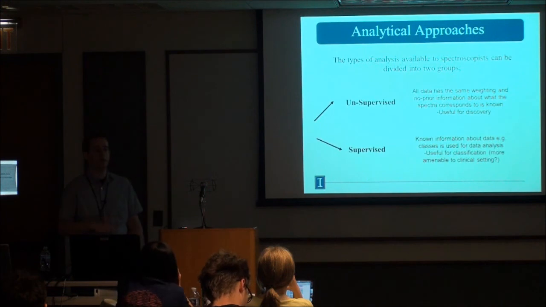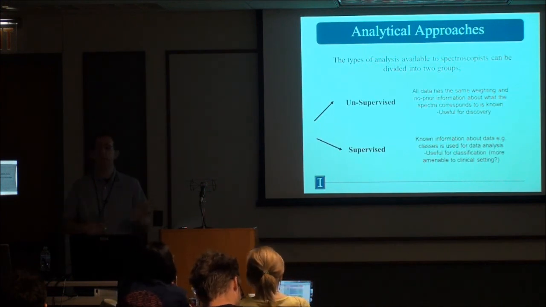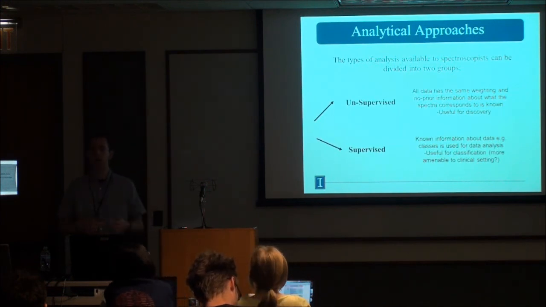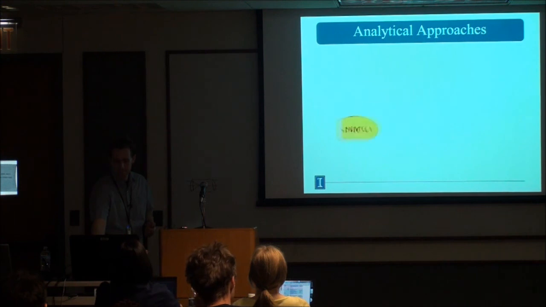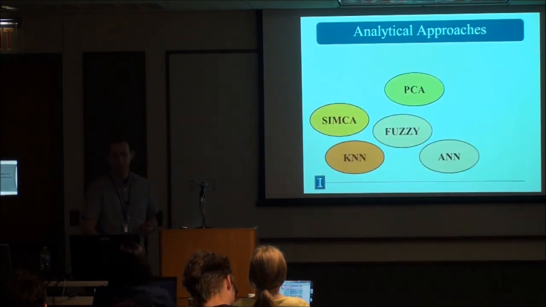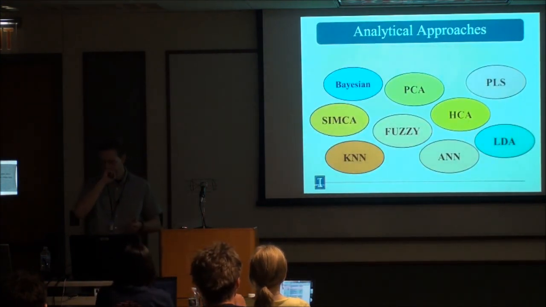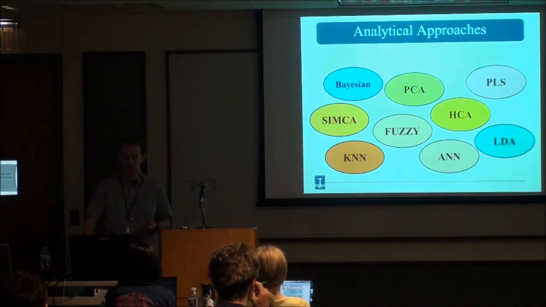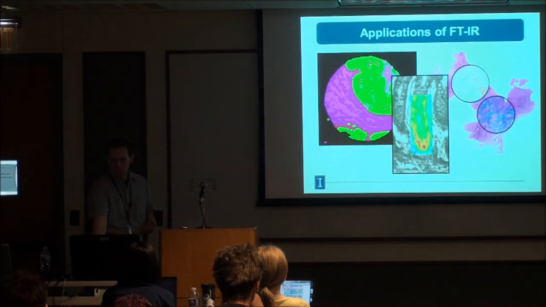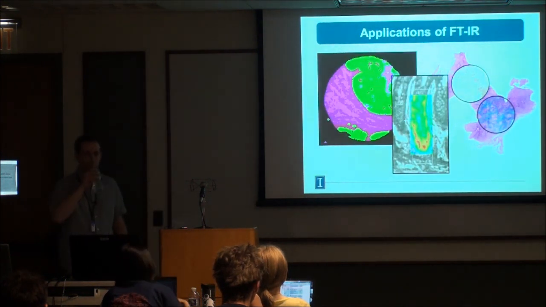Or you can use a supervised approach. So this is where you have prior information and you'll be able to classify it. So I'll show you some Bayesian stuff later, which is a supervised approach. Okay, lots and lots of different types of approach. Everyone has their favorite. PCA is very useful. Linear discriminant analysis is very useful. Bayesian. Okay, this is the exciting part now.